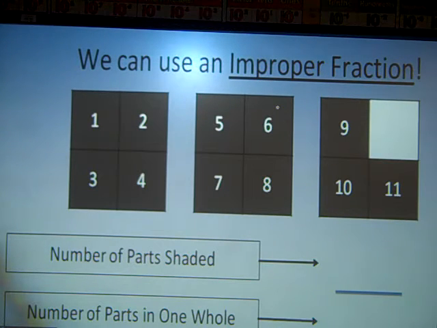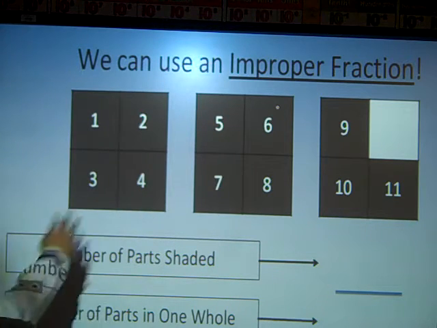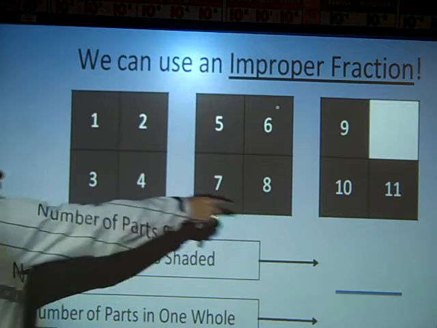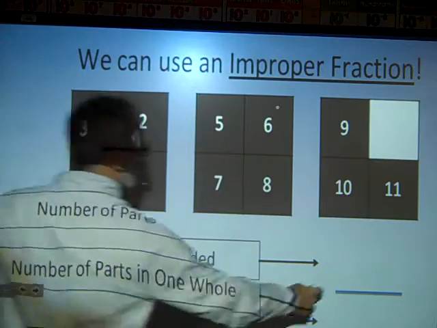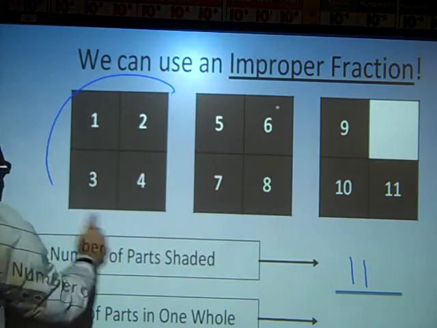So how we can use an improper fraction. So here's an improper fraction, and remember, an improper fraction, we label it the exact same way. We still have a numerator and a denominator. The numerator still tells me how many pieces I'm counting, and the denominator still tells me how many pieces make up a whole. So in this model here, we have 11 pieces shaded. I'm counting 11 pieces. That is my numerator. And my denominator, how many pieces make up a whole?